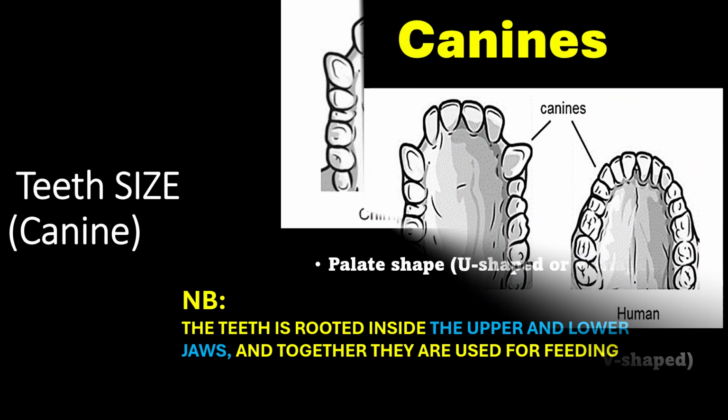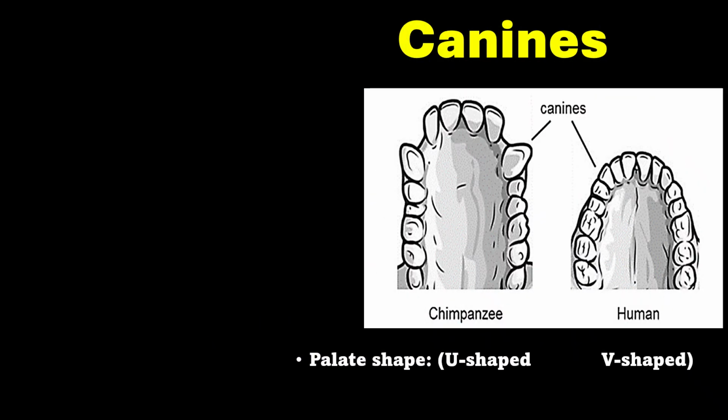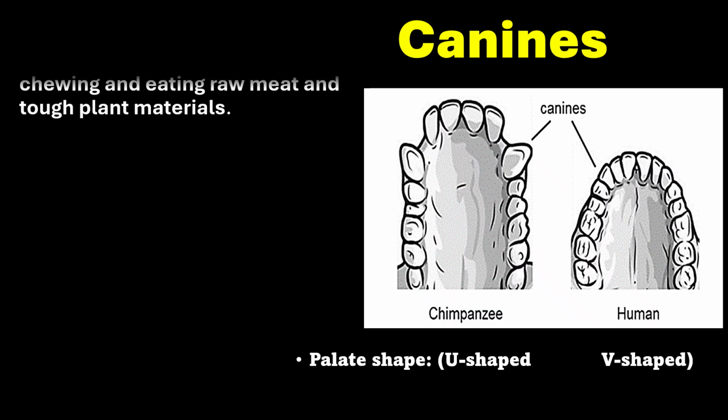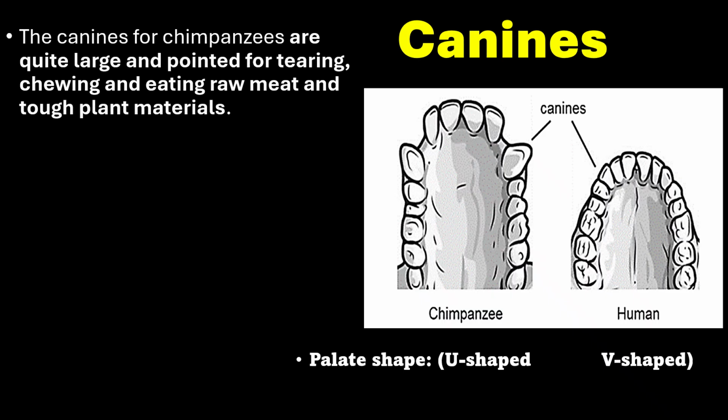So if you look here, what do we have? We have the canines in both humans and chimpanzees. So let's see. Canines of chimpanzees are quite large and pointed for tearing, chewing, and eating raw meat and also tough or hard plant materials.